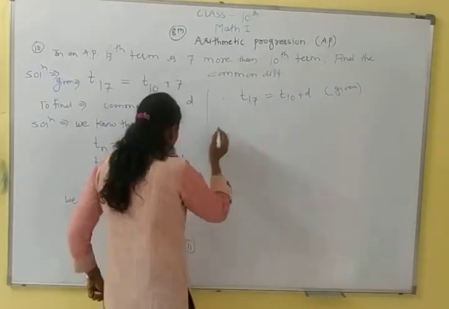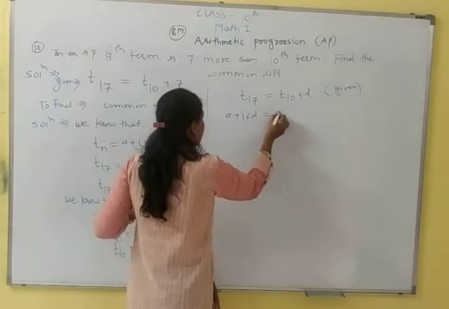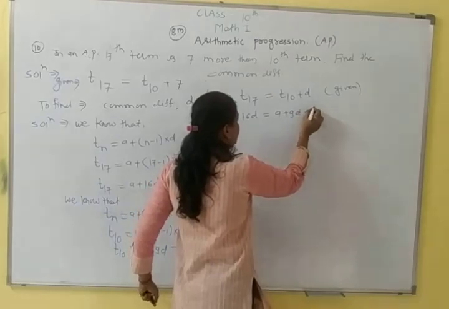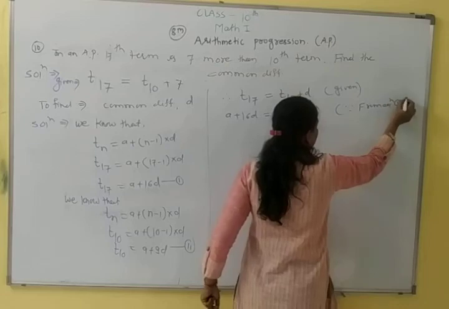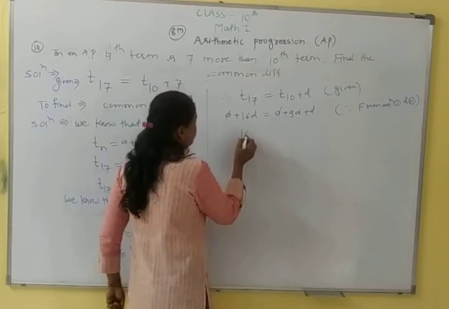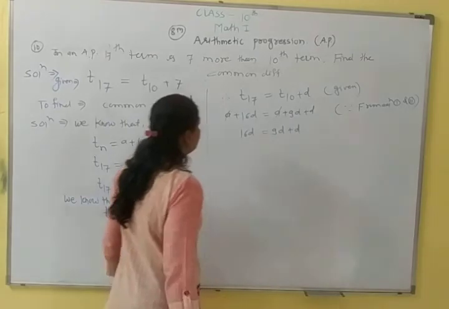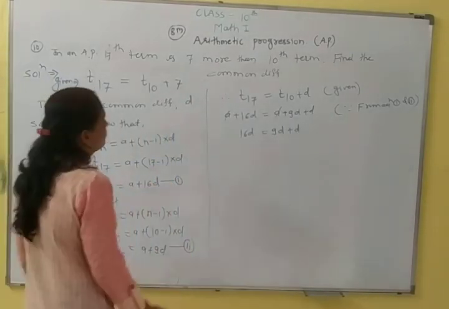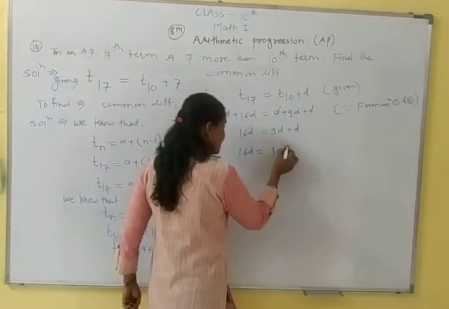Then T17 equal to A plus 16D and T10 plus 7 equal to A plus 9D plus 7. Here A will get cancelled.